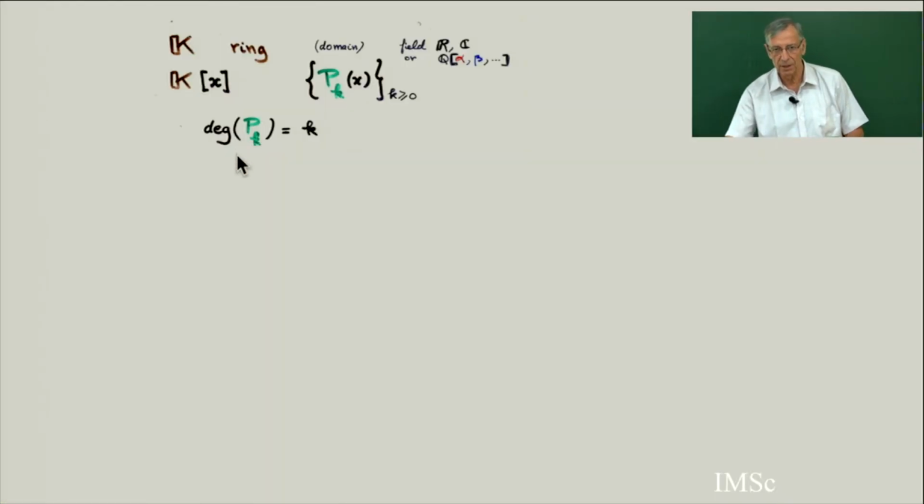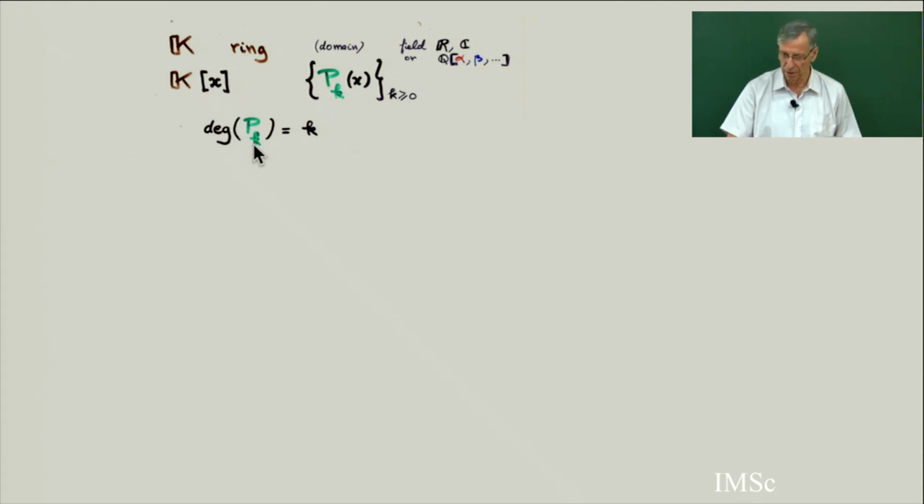So I start with a ring of coefficients k, or a domain, which can be the real numbers or complex numbers. It can be polynomials in variables alpha, beta, gamma, etc. And I am defining a sequence of polynomials, p_k of x, in one variable. The coefficients are in the ring k, and each polynomial p_k is of degree k.